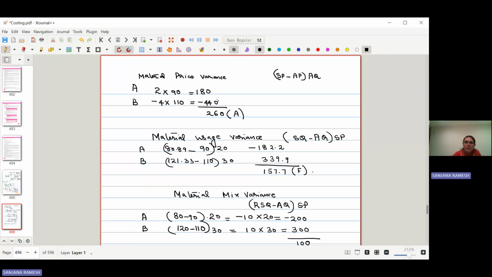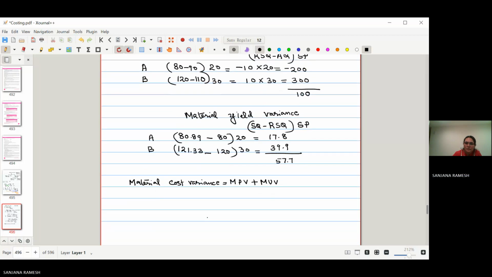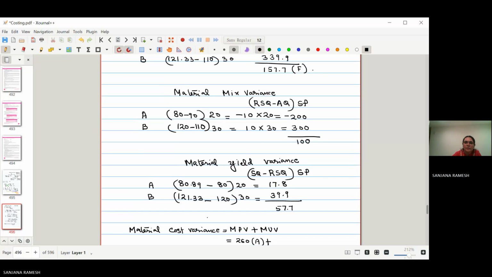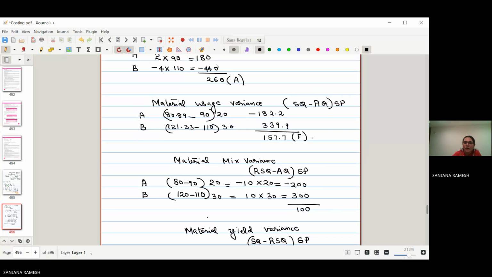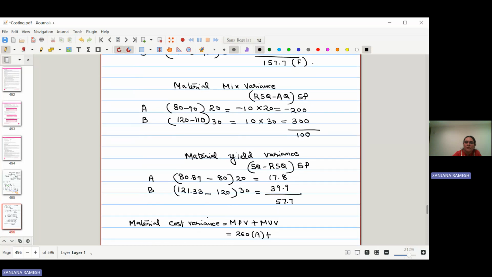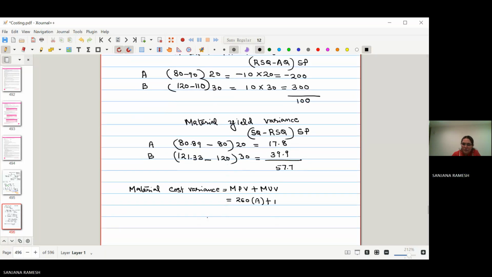Material price variance is 260 adverse, and material usage variance is 157.7 favorable. Favorable means plus. It is coming as 102.3 adverse.